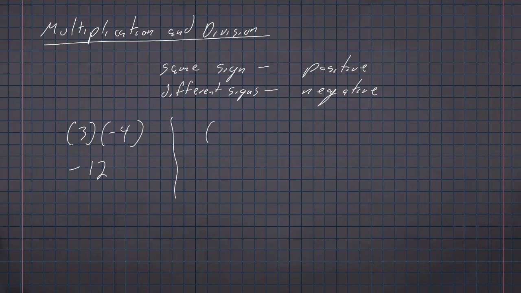If I want to multiply negative 5 times negative 3, I know that 5 times 3 is 15. Negative 5 and negative 3, they're the same sign, so the result should be positive. And doing division, the same rule still applies.